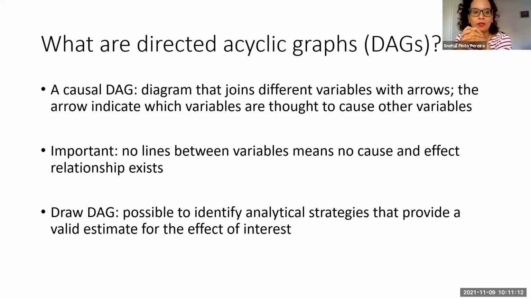And the great thing about DAGs is that you draw them, you're drawing your relationships between variables, but behind this diagram there's an analytical strategy that provides a method to estimate your effects of interest. And essentially, you're doing that without even writing a single formula. You're devising an analytical strategy from a diagram rather than from formulas. And I think that's amazing.